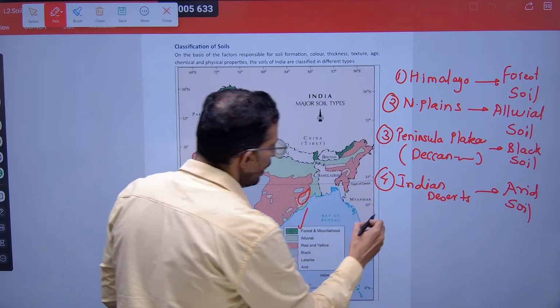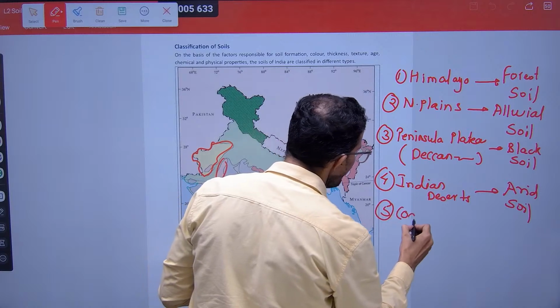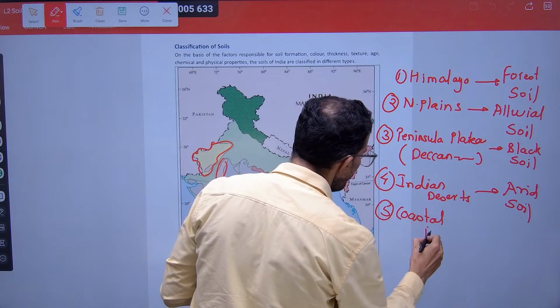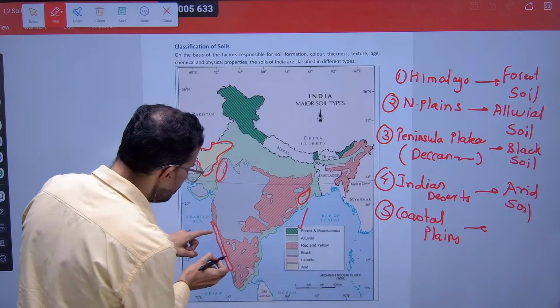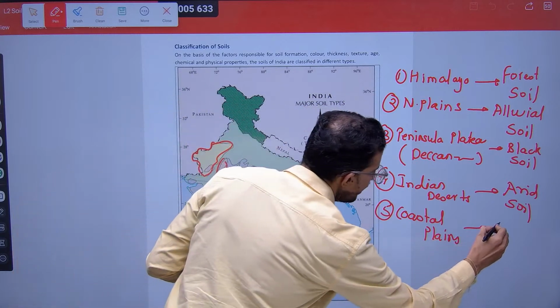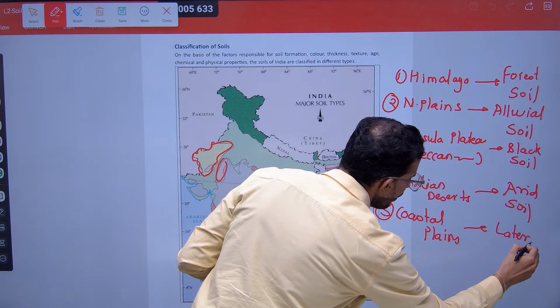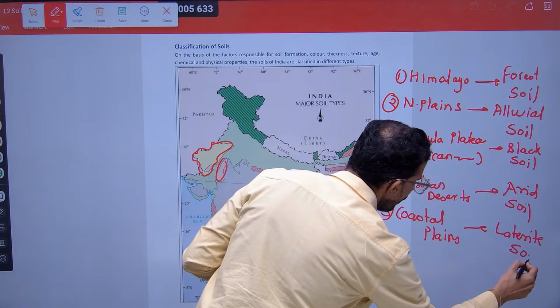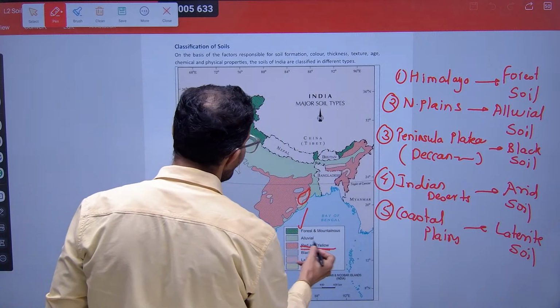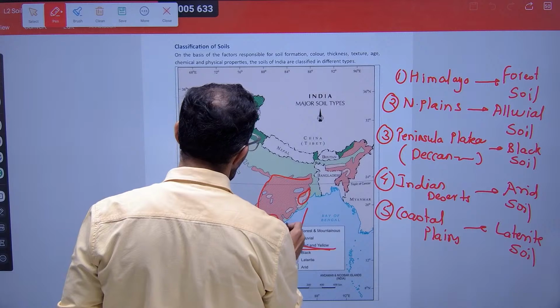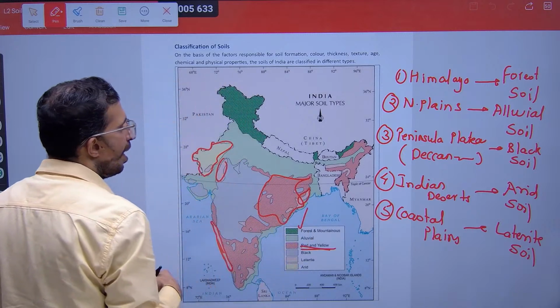Then the coastal plains, we have seen, which one? Laterite soil. And which one is remaining? Red and yellow soil.